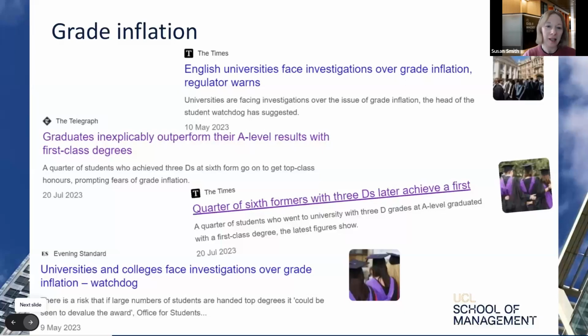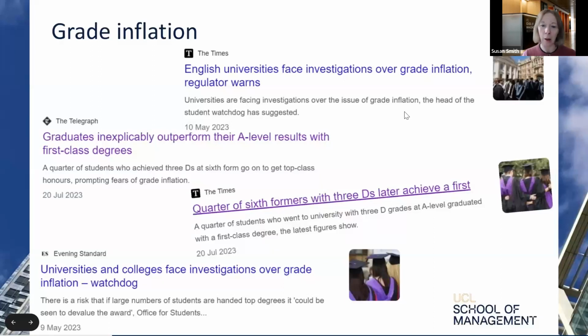With headlines saying a quarter of sixth formers with 3 Ds achieve a first, those headlines are designed to alarm and capture public opinion about the higher education sector. And of course, that then creates expectations with our students, and what their outcomes are going to be.